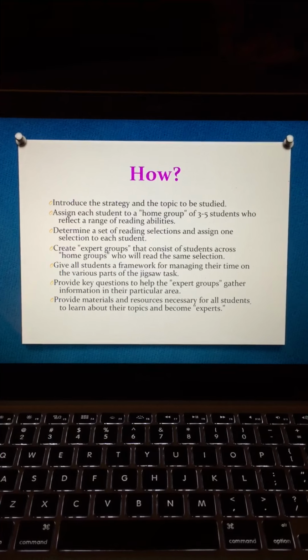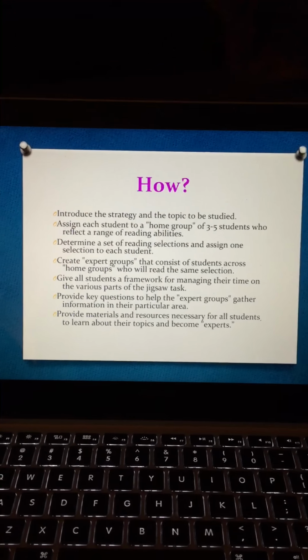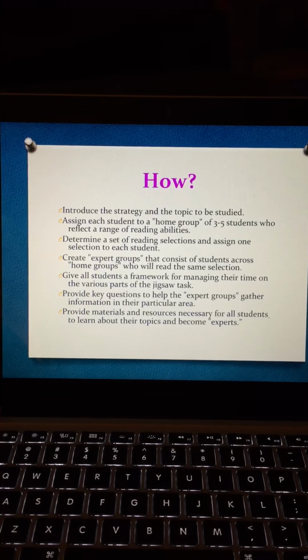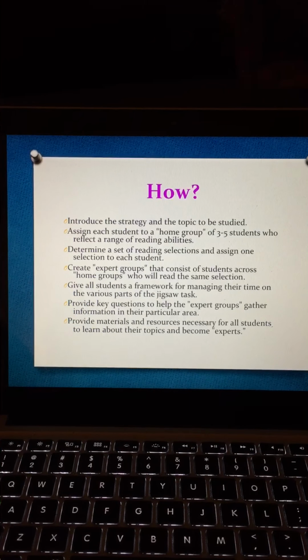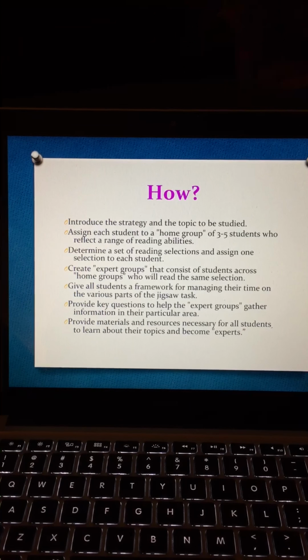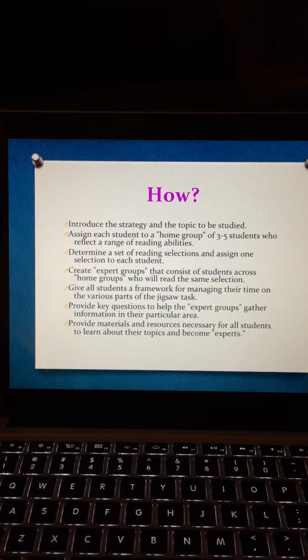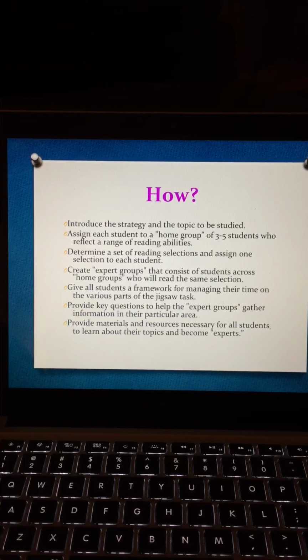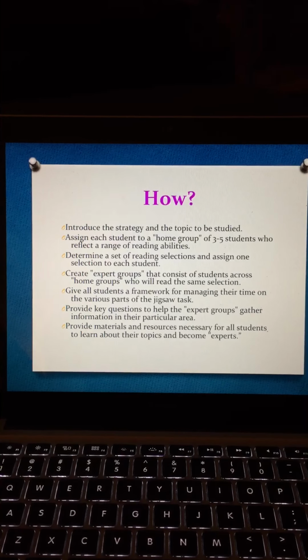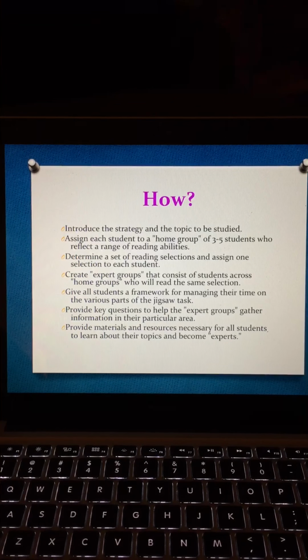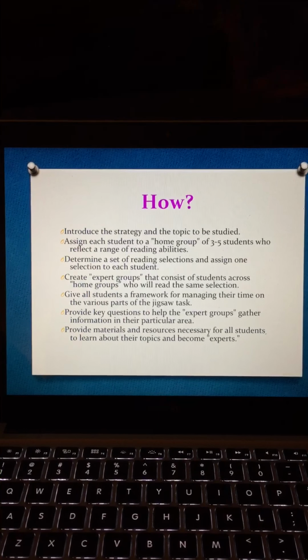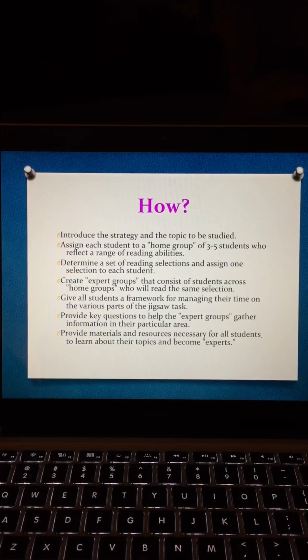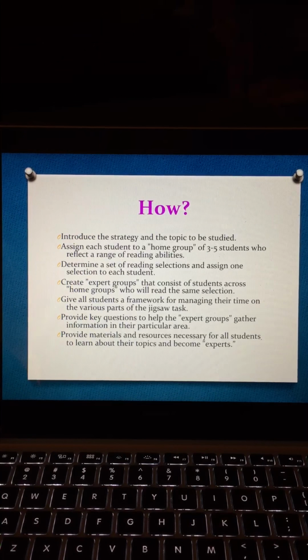How do you use the strategy? You will first introduce it and the topic to be studied. You will assign each student to a home group of 3 to 5 students who reflect a range of reading abilities. You will determine a set of reading selections and assign one selection to each student. The teacher creates expert groups that consist of students across home groups who will read the same selection.